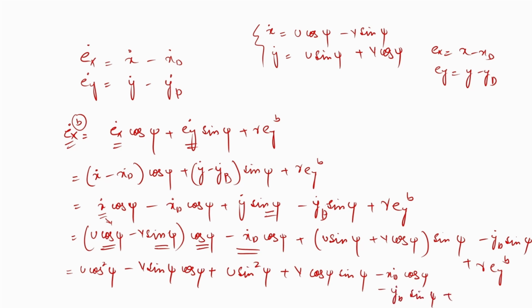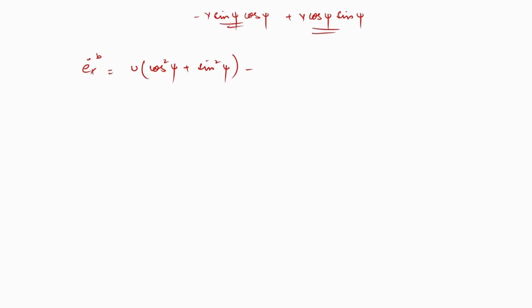r e y b. So now the rate of change of tracking error along x-axis in the body frame will be derived as e x dot b equal to u (cos square psi plus sine square psi) minus, and two terms were cancelled out, which were minus v sine psi cos of psi plus v cos of psi sine psi. So these two terms were cancelled out, and then we had these terms with derivative.